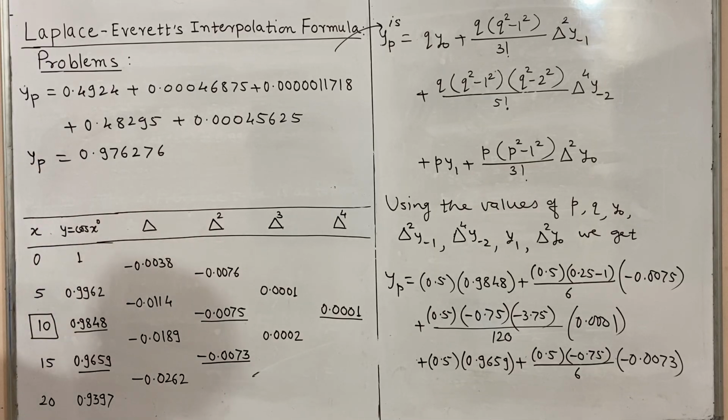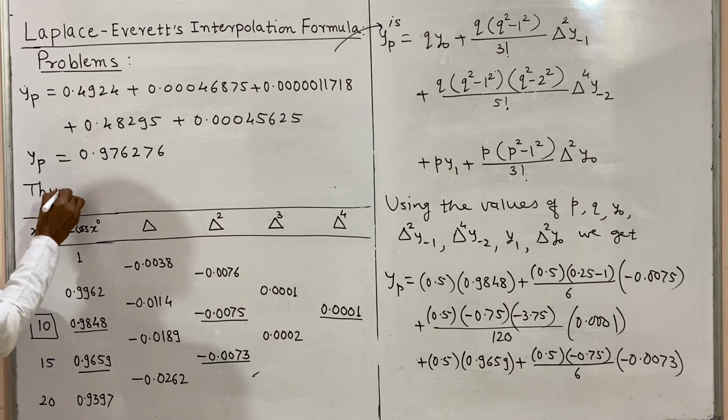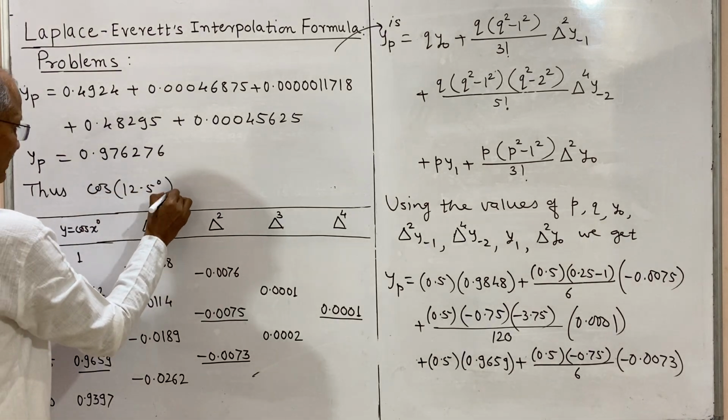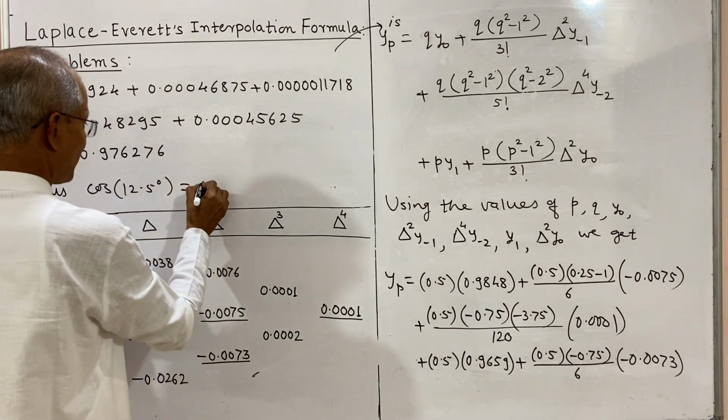and actually yp means the required value, which is cos of 12.5, and thus cos 12.5 degree is equal to 0.